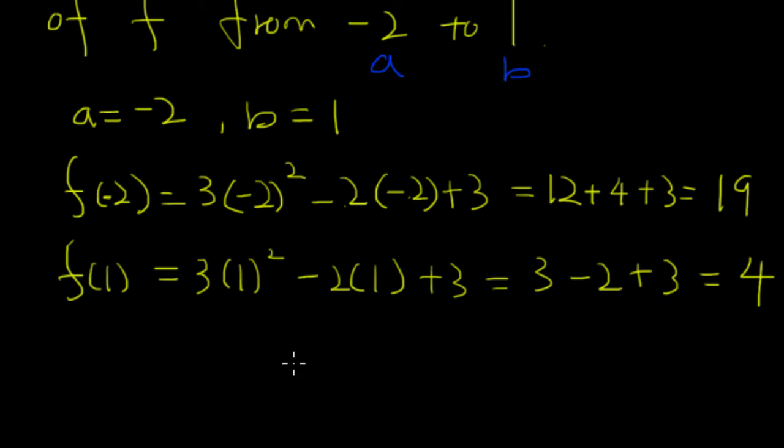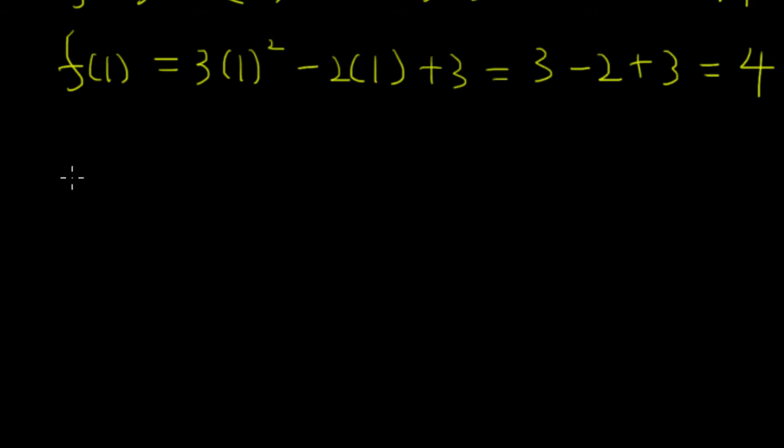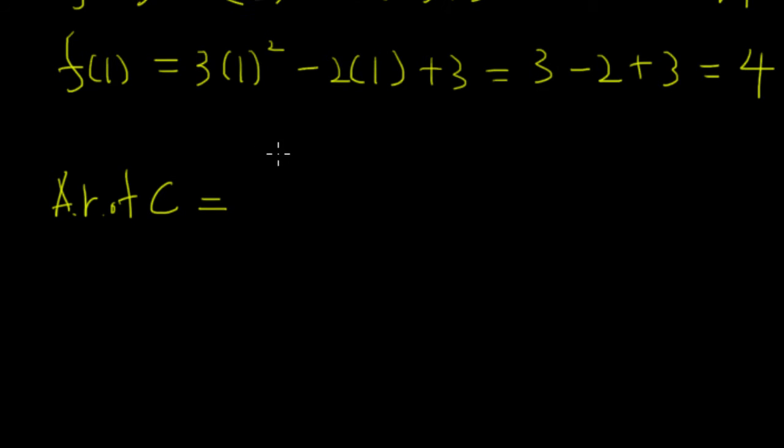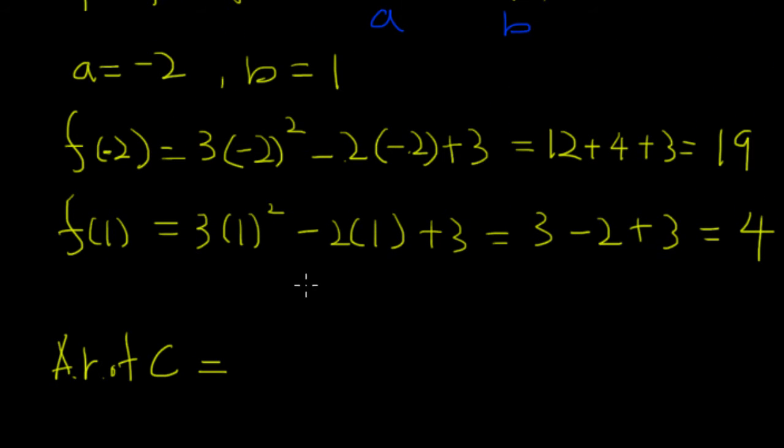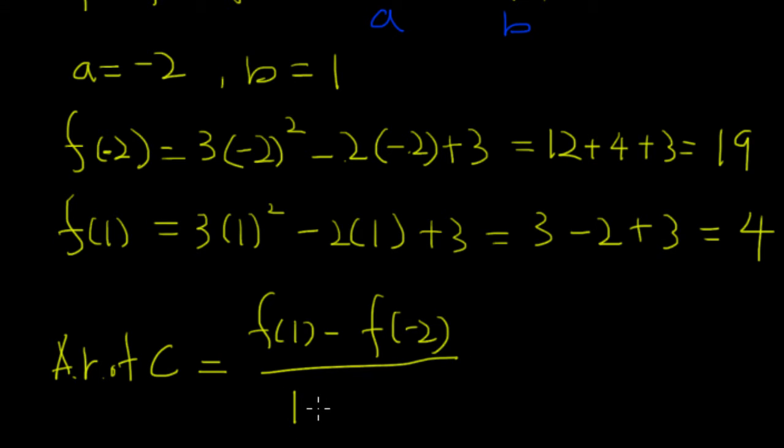Okay, so all we need to do is put that in to figure out the average rate of change. The average rate of change would be f of b, which is f of 1, minus f of -2, over 1 minus -2, right? Because our a is negative 2.